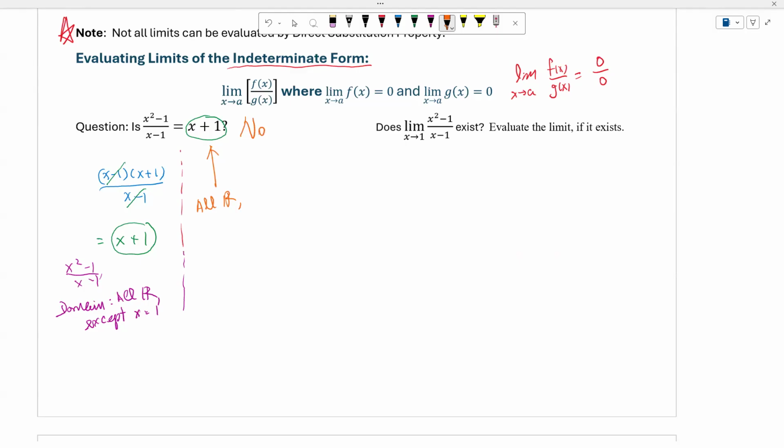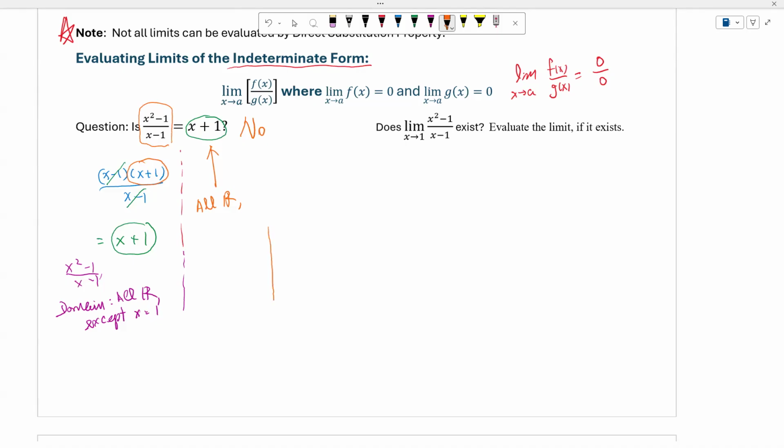However, when we try to evaluate the limit, remember when we graphed this function before, the function will look like x plus 1, except when x equals 1.